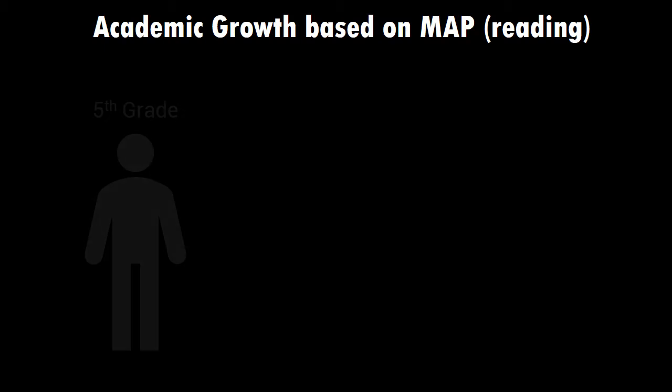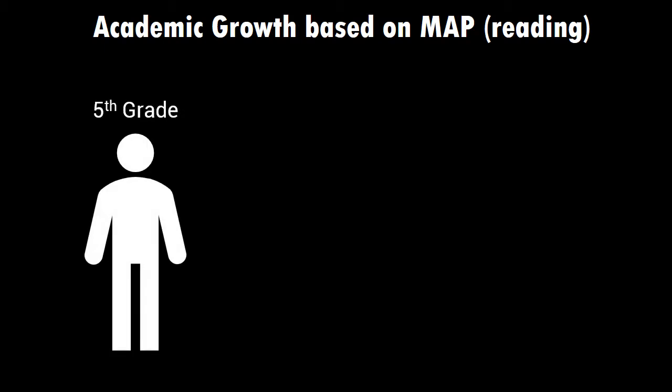Just like our child's height is measured at the doctor's office, we now have an assessment that's going to measure growth over time for academics. And this is what we use as our MAP test. In 5th grade, our child scored a 206 RIT score. And with this RIT score, there's actually a percentile range for all 5th graders who've taken this test.